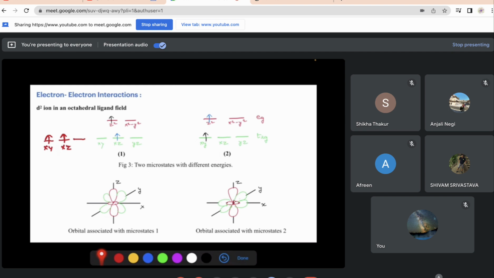And this we can simply understand by looking at the orbitals associated with these microstates and filling up their electron density.